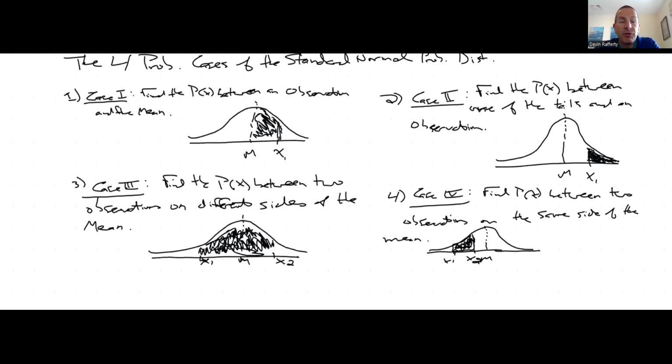So now that we have those four cases involving z-scores and the standard normal probability distribution, we can really start to get a sense of quantitative analysis and how to use it, because we're beginning to understand how to calculate the probabilities of virtually anything that exists in the universe.